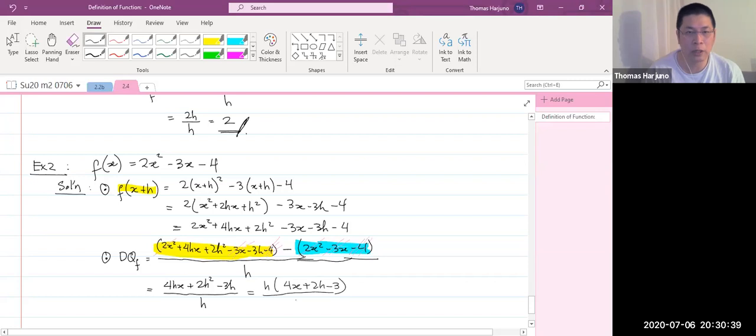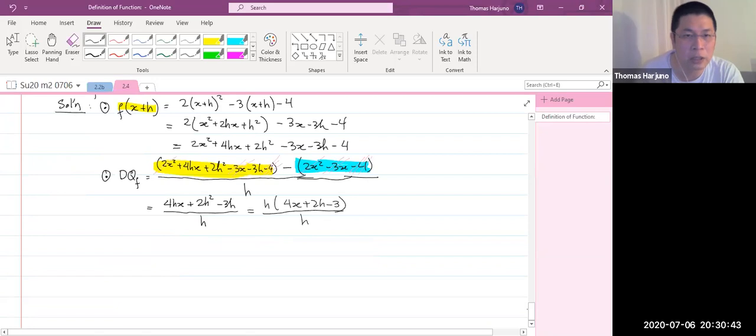Remember earlier I said, how do we know we can stop there? Well, try plugging in h equals 0. If you get 0 over 0, it means you need to go on. You need to simplify further, which I do here. Then I get 4x plus 2h minus 3.